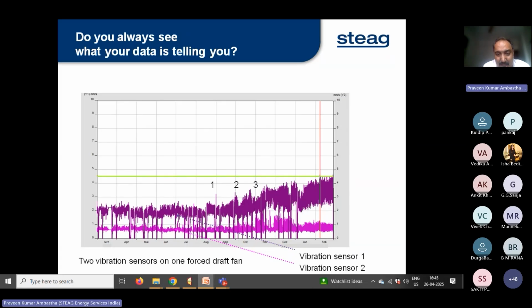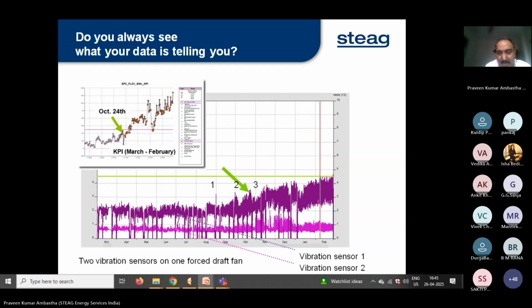that yes, the sensor one, you can see that the behavior of vibration of the sensor one is increasing as compared to two. Because when we are condensing the data and we are seeing it, here we can see, just a moment, and here is the catch.